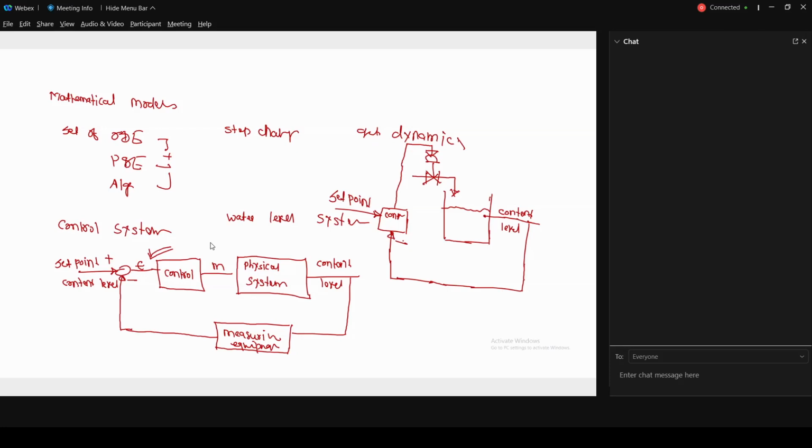So what I am going to do in this course is model these systems. Once I model these systems, I am going to give a state change to the systems and understand the dynamics.